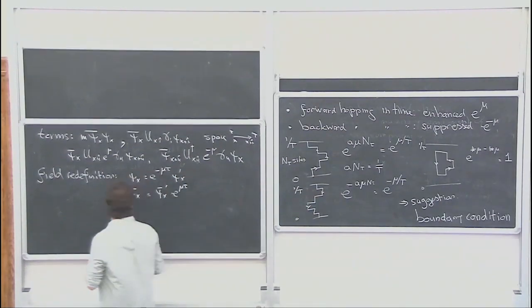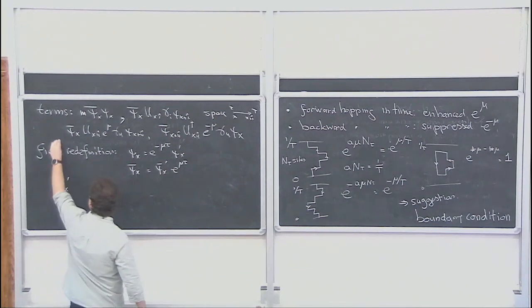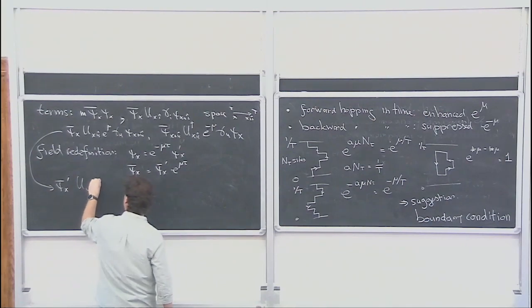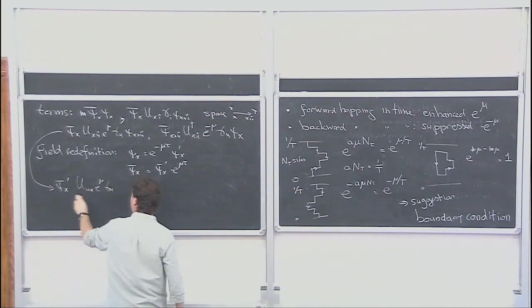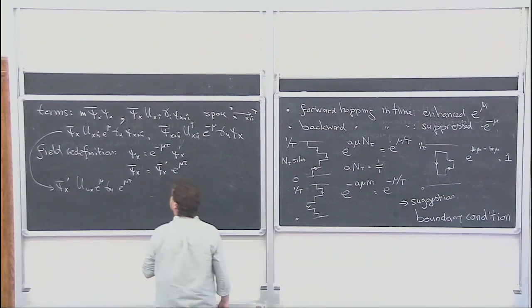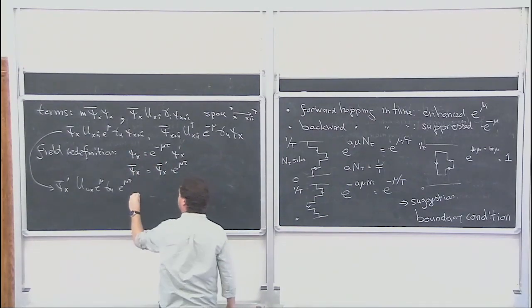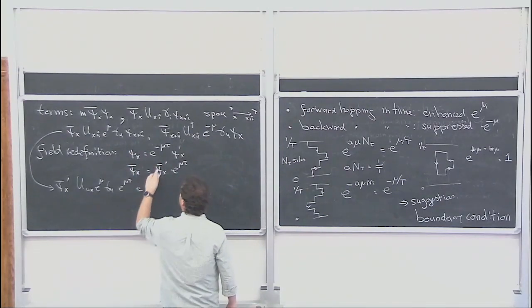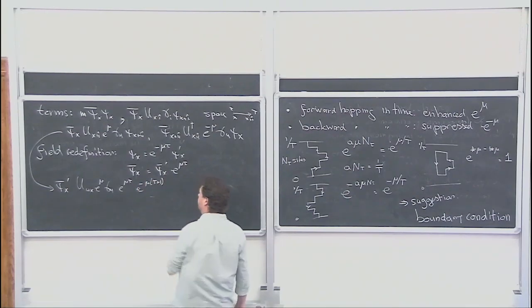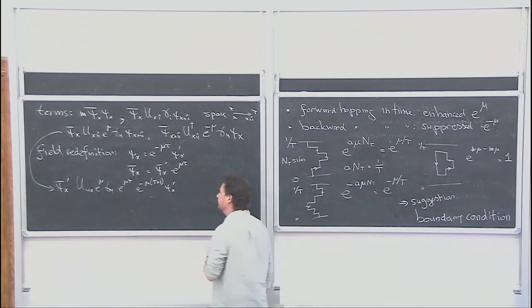So let's look at the first one. So this one will go to psi bar prime, and then x, x plus 4, e to the mu, gamma 4. This psi bar will give me an e to the mu tau. And this one is at the next site in time, so this will give me an e to the minus mu (tau plus 1), because it lives at the next time slice, psi prime at x plus 4.